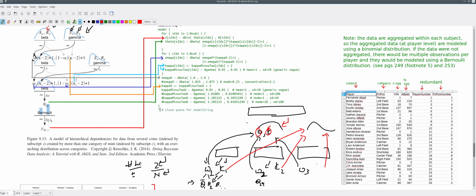And this variability can be further categorized across the different places on the field where the players play when they're not batting, when they're on the pitching side of the game. So because we have conceptualized our data as consisting of the variability both at the individual level and also aggregated at the group level, we have these two things.